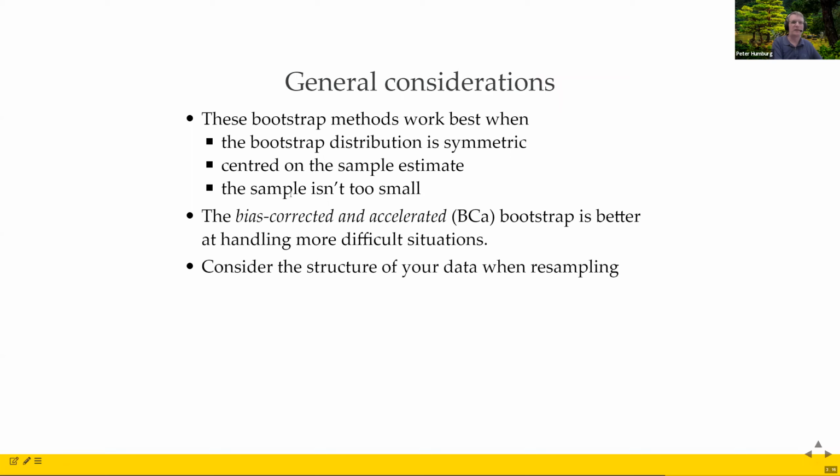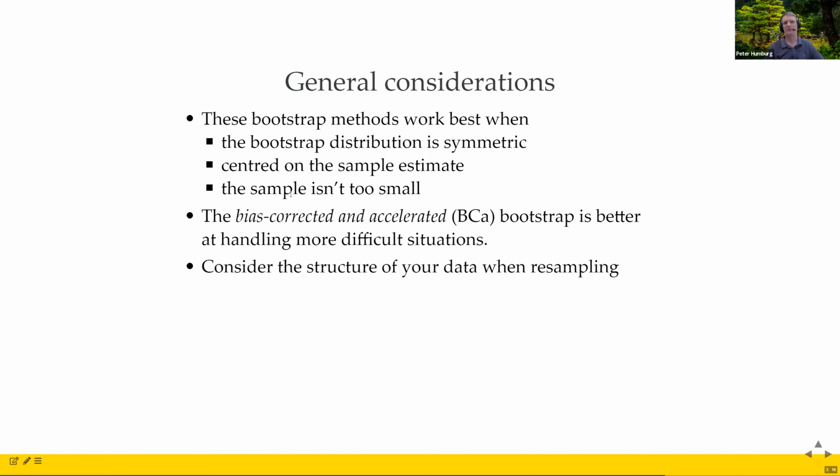But in real life, if you like, when you have more complex data sets and you do resampling, any sort of resampling, whether it's bootstrapping or something else, you have to make sure that you take account of the structure in your data, right?